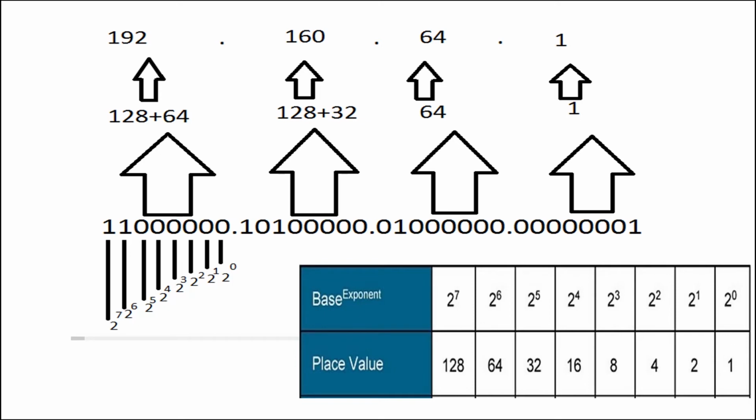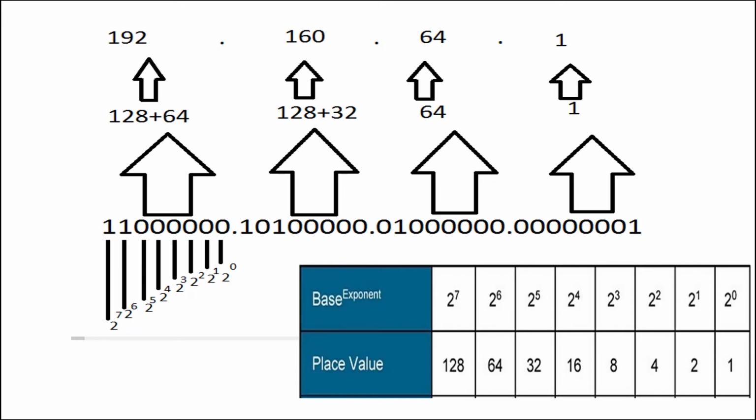The 7th position has a value of 2 to the power 7 if the bit is 1. So I will convert this one. You can see only the 6th position bit and the 7th position bit have a value of 1. So the conversion of the first octet is 1 times 2 to the power 7 plus 1 times 2 to the power 6. So 128 plus 64 is equal to 192.